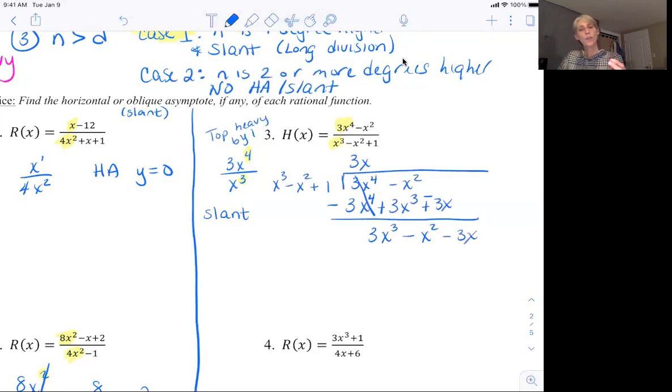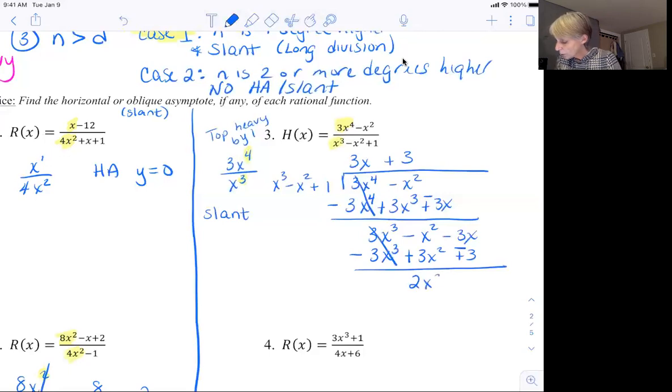So now x cubed goes into 3x cubed. I have to multiply by 3. Subtract. Negative x squared. So I'm going to have 2x squared minus 3x minus 3.